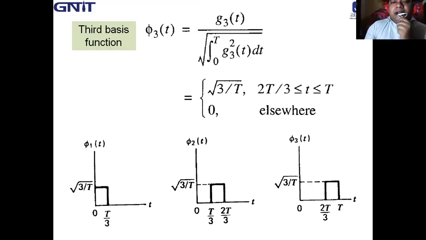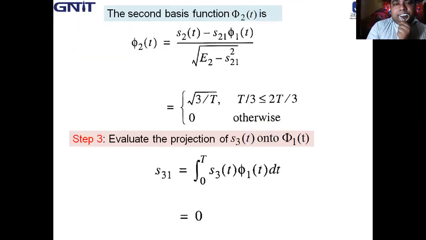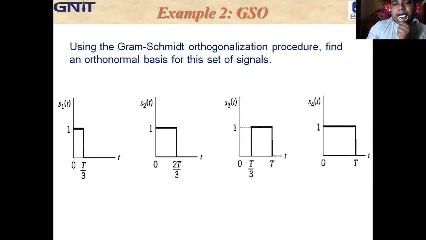See, the third basis function exists for 2T by 3 to T. Now go for the signal here. Say S4(t) belongs to 0 to T, and the third basis function belongs to 2T by 3 to T. So after T, S4(t) no longer exists. So phi 4(t) is not possible after T.